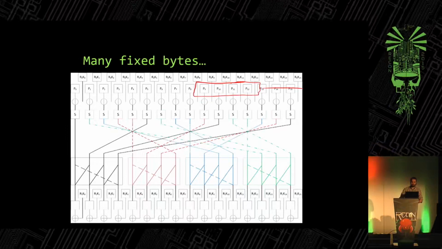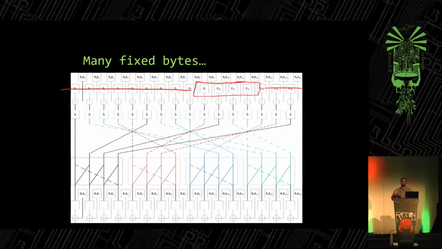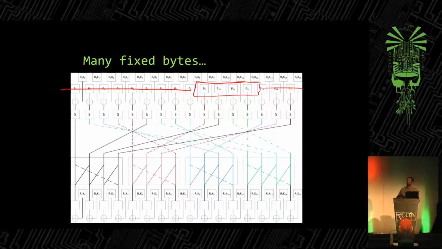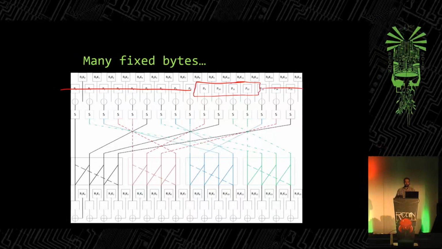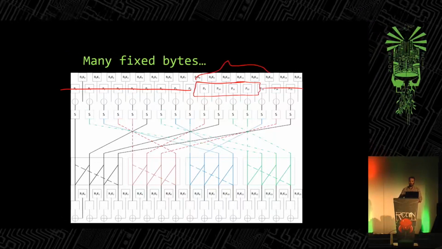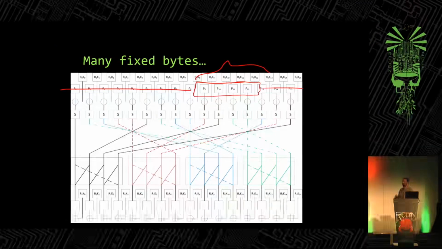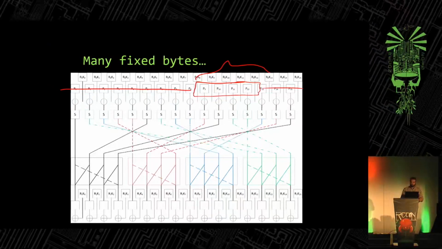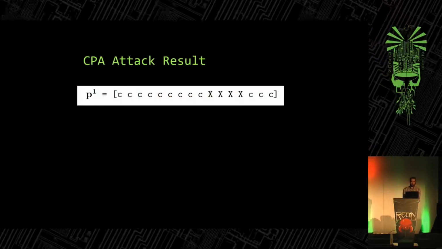When you do that power analysis attack, I mentioned how it's doing this guess and check. There's no way to guess when you don't have any variation in the input message. You'll only be able to recover the keys where there is some change in the input data. The bytes where the input is fixed won't give you any information for this type of standard attack.